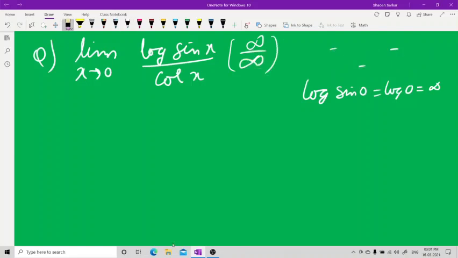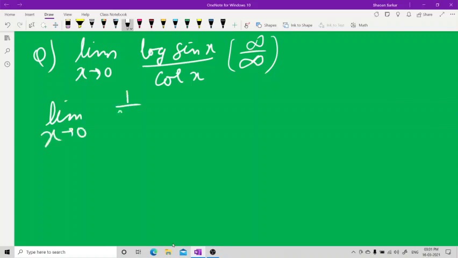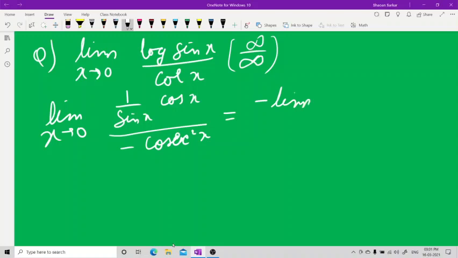Now come to the point. Using L'Hopital's rule, limit x tending to 0, 1 upon sin x times cos x, and the derivative of cot x can be written as minus cosec square x, which can be written as minus limit x tending to 0 of sin square x cos x upon sin x.